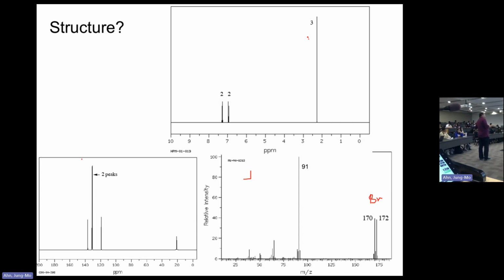And then from that, what else we can point out is that you got 91, right? So 170 minus 91, you probably need to bring a calculator, you get 79. What is 79? It's bromine.